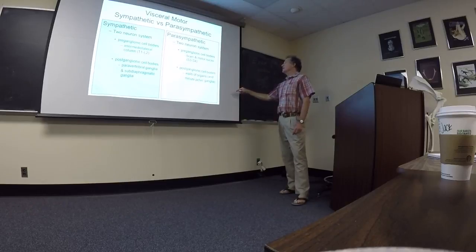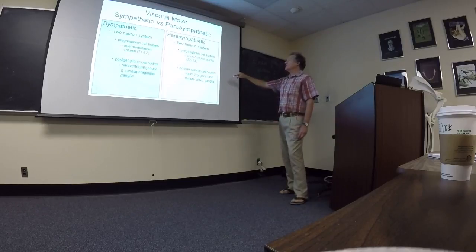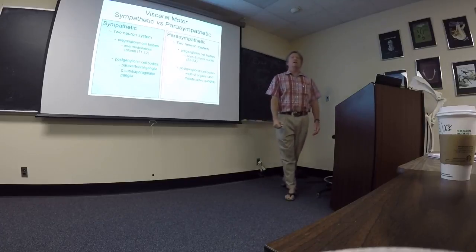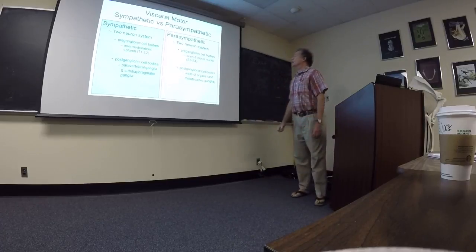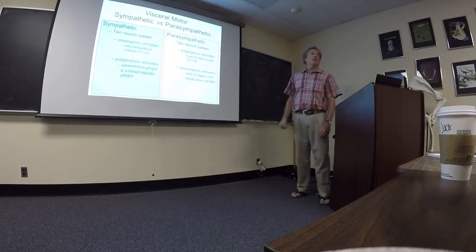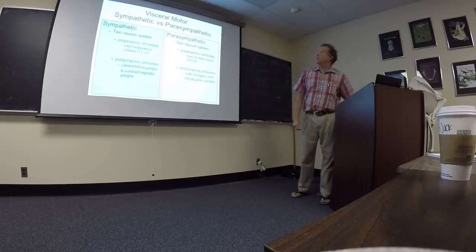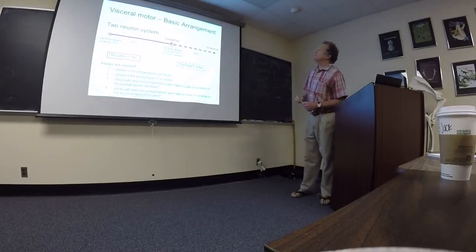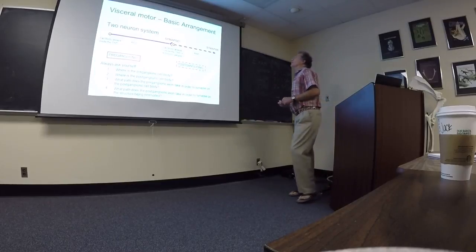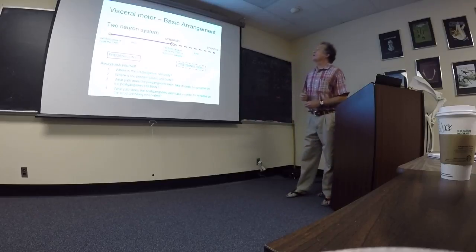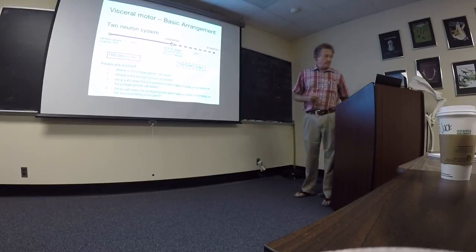There are some tiny little ganglia, but by and large, you will not see postganglionics or the synapses between the preganglionic and postganglionic parasympathetics in the course of your dissections. And this autonomic nervous system, the visceral motor part at least, is a two-neuron system.